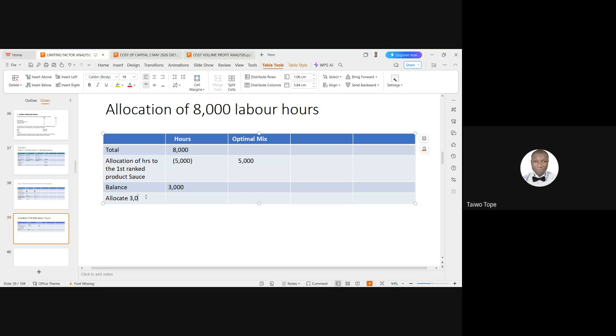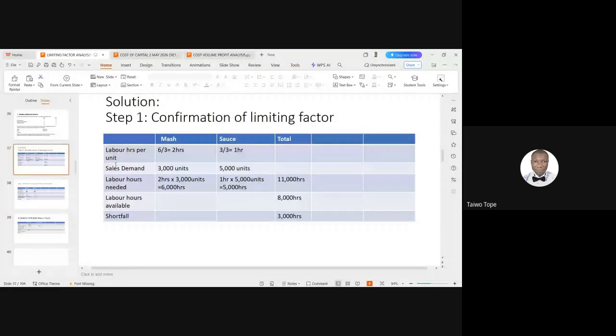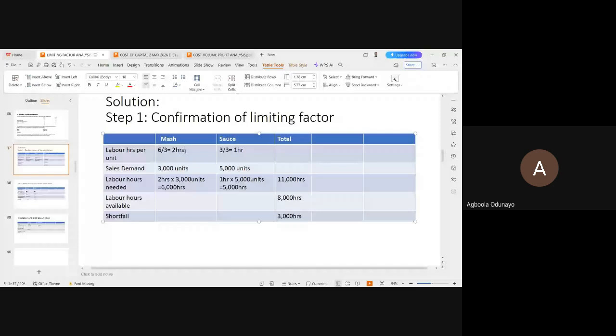So now, at this point, we allocate the balance of 3,000 hours to mesh. How many hours do we need to produce 1 unit of mesh? 2 hours.